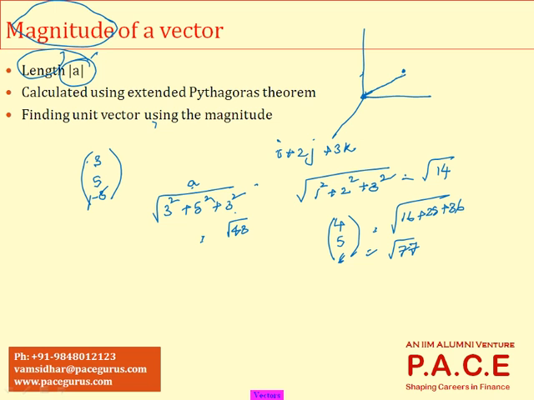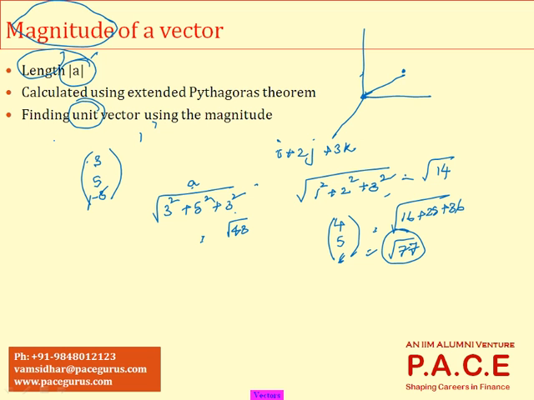I want to find the distance of this particular point. That is what we are calling the length of that vector or the magnitude of that vector, and we are finding it using the square root of the i's coefficient square plus j's coefficient square plus k's coefficient square. And using this information, I can find out what is called a unit vector.